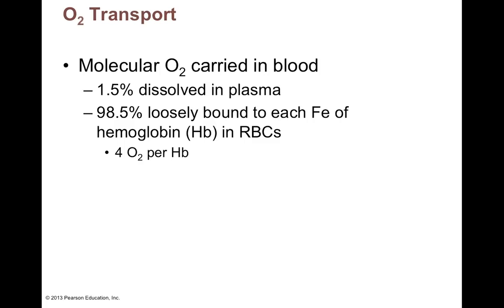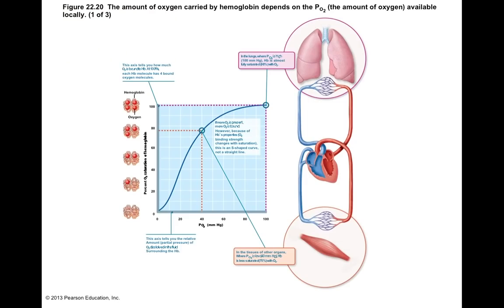The way hemoglobin works is you have a little central iron atom that oxygen can associate with, and every hemoglobin molecule can carry 4 oxygen molecules. Okay? In fact, there's a relationship between saturation of hemoglobin and partial pressure of oxygen, and we call this the oxygen hemoglobin dissociation curve.